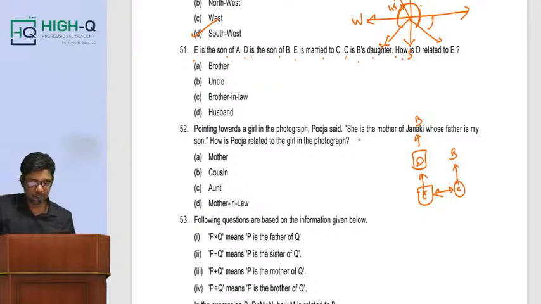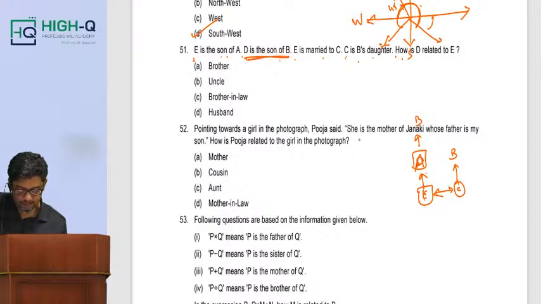How is D related to E? Look at this, my dear. First, E is the son of A. D is son of B. But I don't know this condition yet. So E is married to C. C is B's daughter.